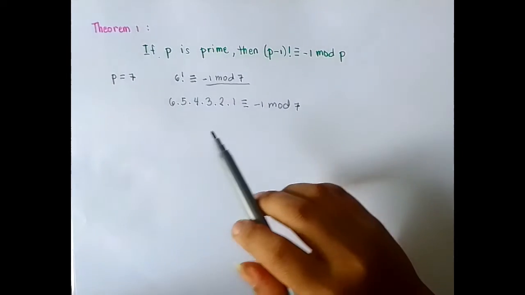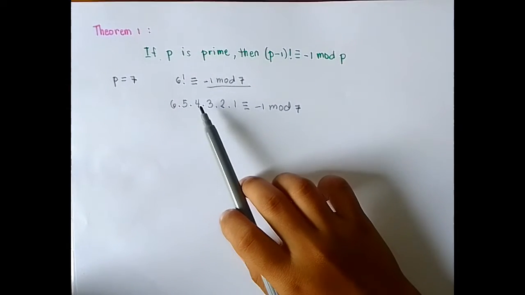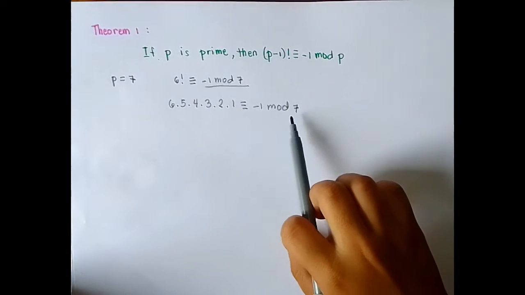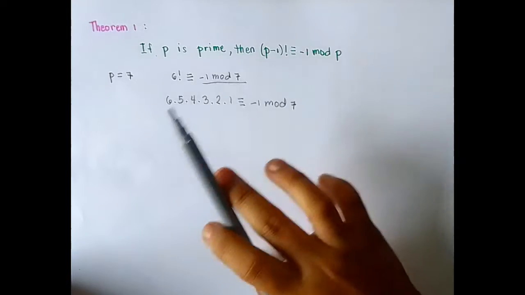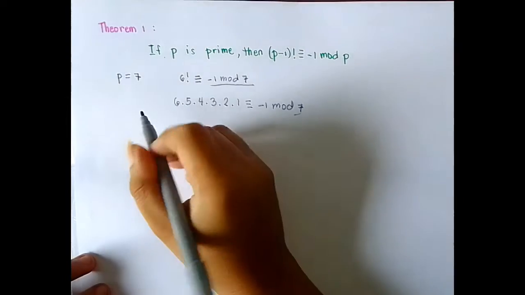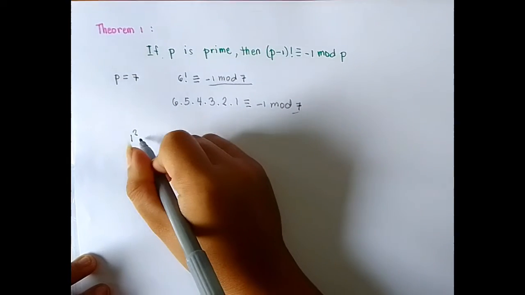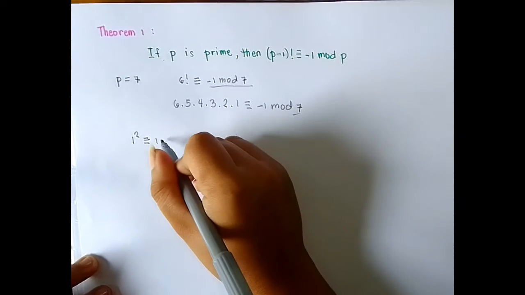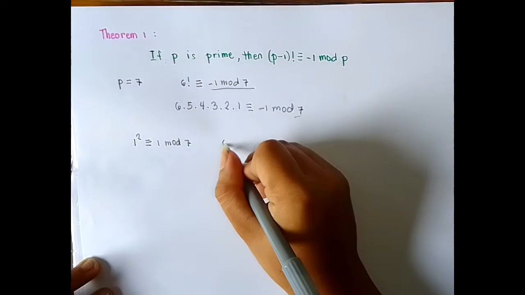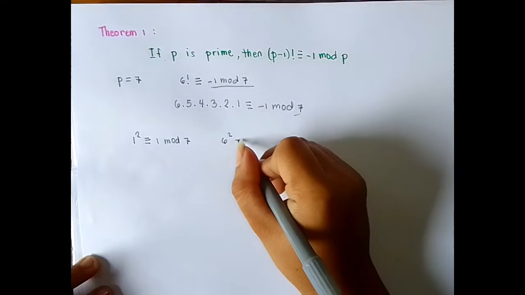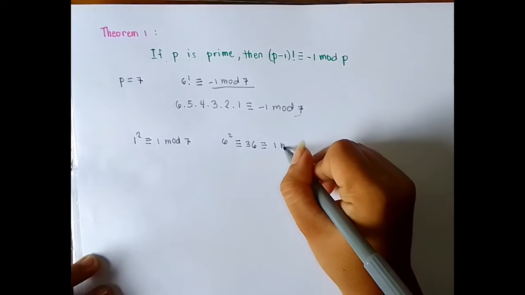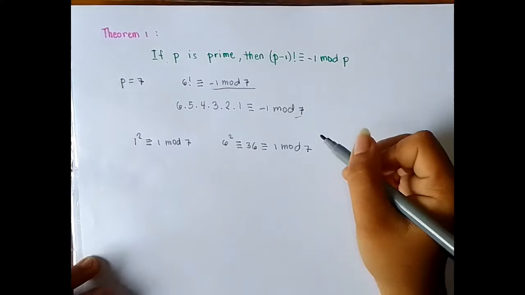From the theorem, the numbers 6, 5, 4, 3, 2 and 1 have an inverse modulo 7, since all are relatively prime to 7. We have 1 squared is equivalent to 1 mod 7, and 6 squared is 36, which is equivalent to 1 mod 7.